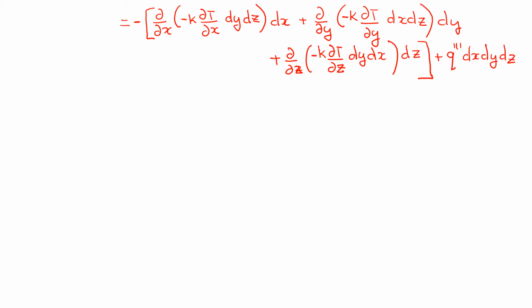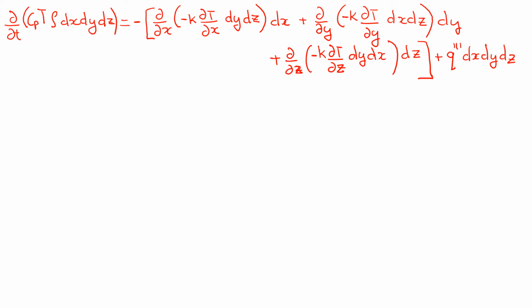And on the left hand side we had the energy stored, which was equal to the internal energy, and the formula for that was partial derivative with respect to time of the internal energy, which was Cp times T into the mass, and the mass was density times the volume, and the volume is dx into dy into dz.